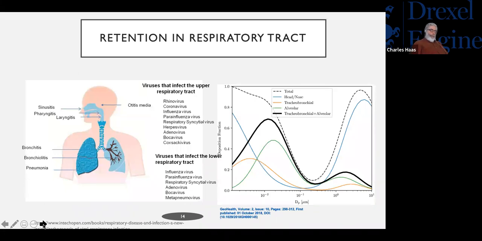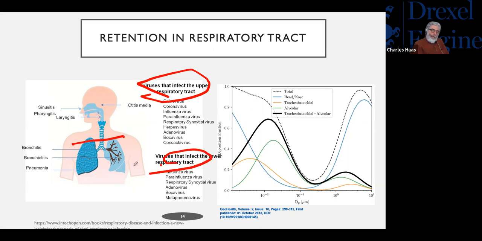Now the virus is released. It survives in the air, whether it's a large droplet or a fine droplet. How is an individual exposed? Well, the respiratory tract contains different regions. Broadly speaking, there's the upper respiratory tract and the lower respiratory tract. You see coronavirus up here at the upper respiratory tract.